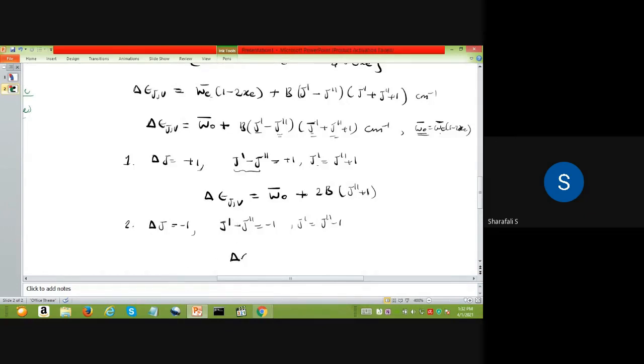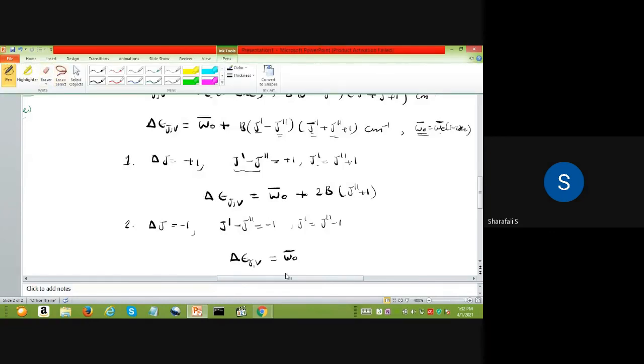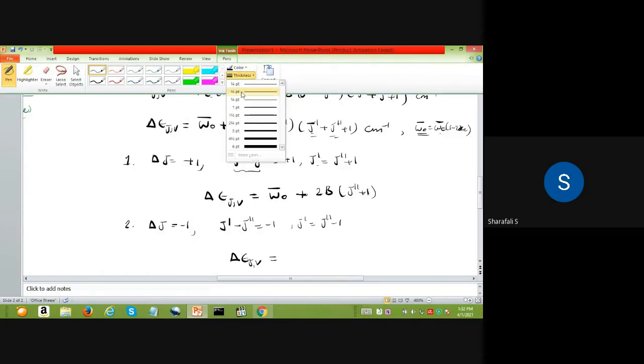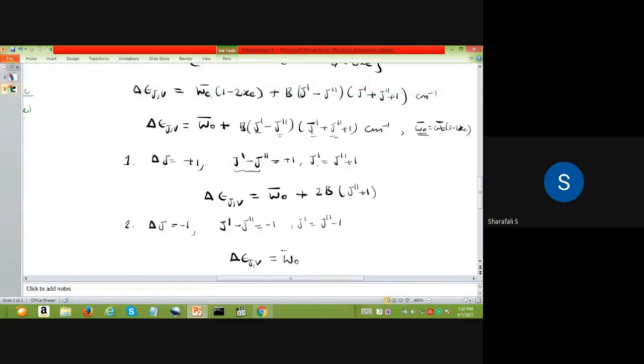Δε(J,V) will become ω_0 bar minus 2B into (J' + 1).